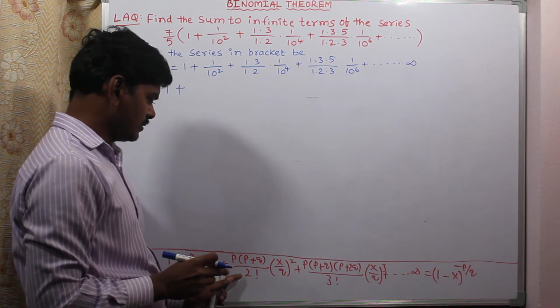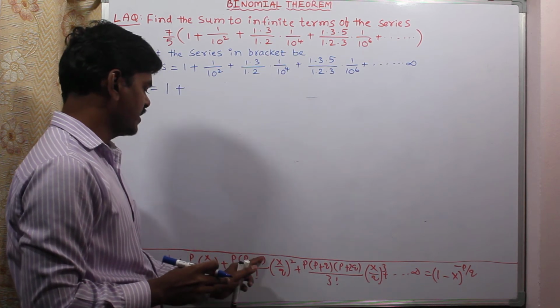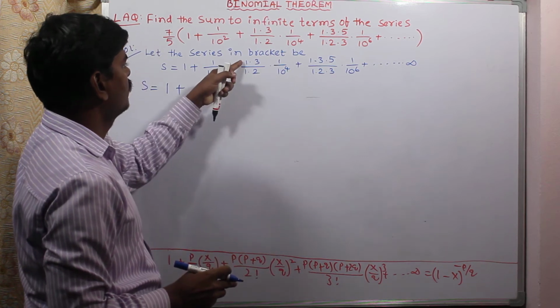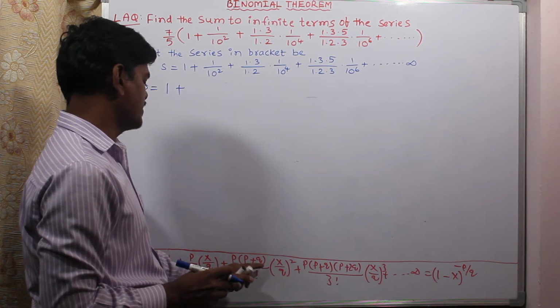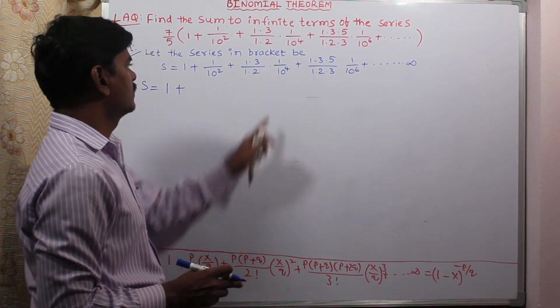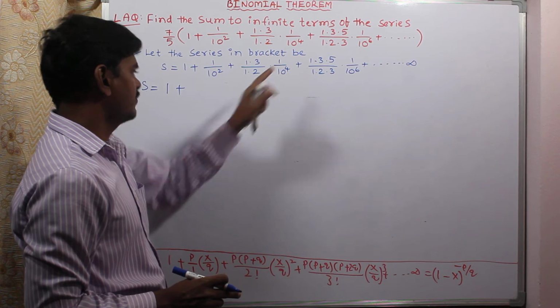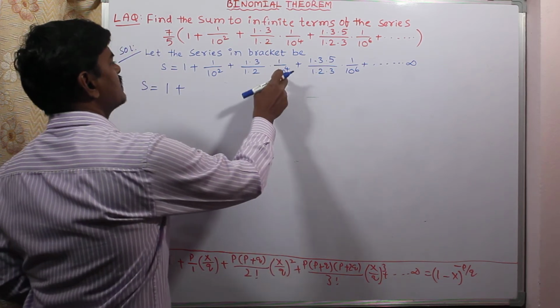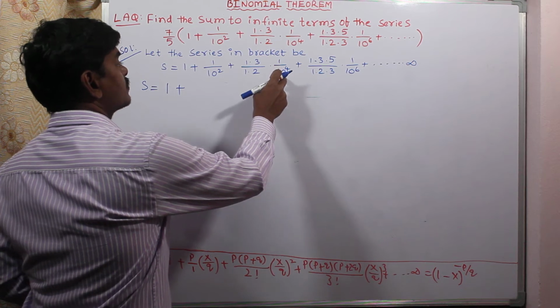If I observe the third term of the formula, p into p plus q by 2 factorial into x by q whole square, you see 1 into 3 looks like p into p plus q, divided by 1 into 2 which is nothing but 2 factorial. So 1 by 10 power 4 is nothing but x by q whole square. So I need to assume this as x by q whole square.